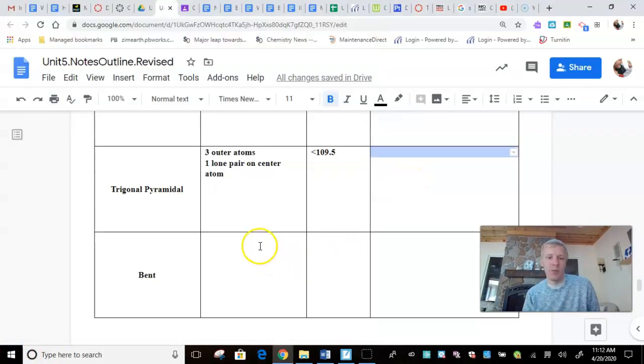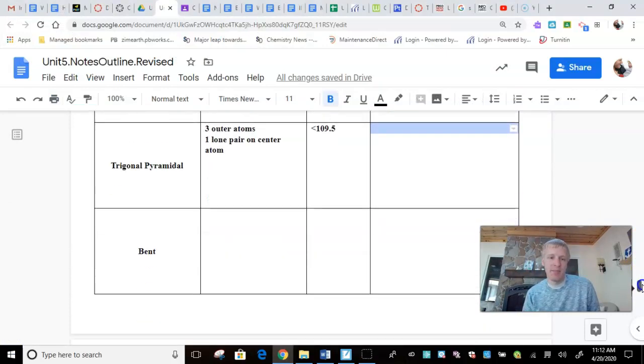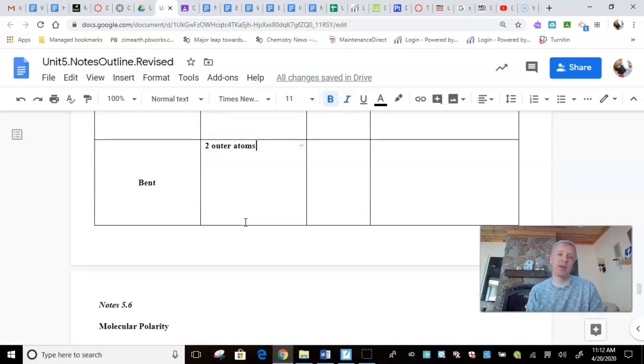All right, we've got one more shape. It is bent. So this is very similar to linear, and linear had 2 outer atoms, but it had 0 lone pairs on the center. Bent has 2 outer atoms, but it has 1 or 2 lone pairs.